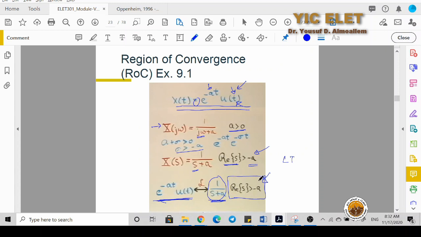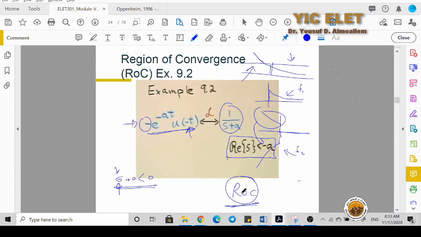This function will converge on greater than minus a, and this function will converge on less than minus a. So two functions that are completely different in the time domain give you the same solution in the Laplace transform, and the difference is only in the region of convergence.